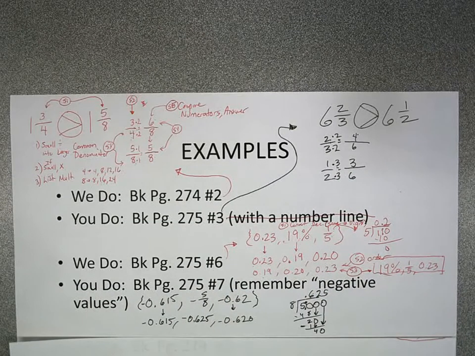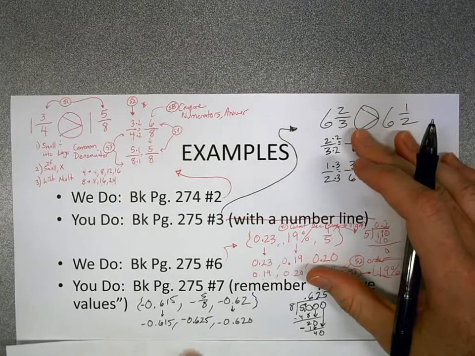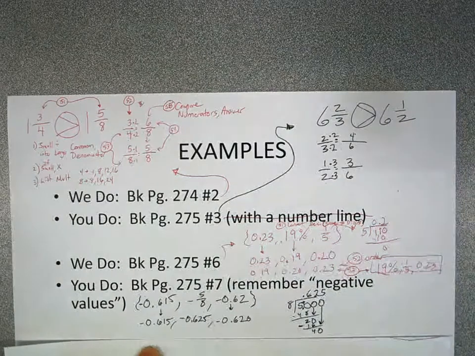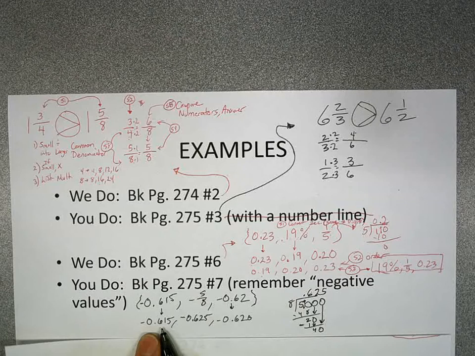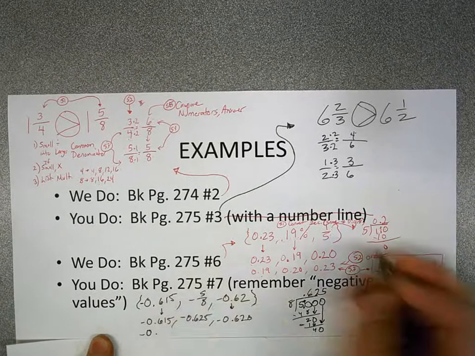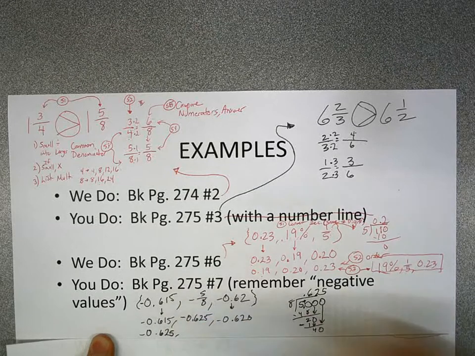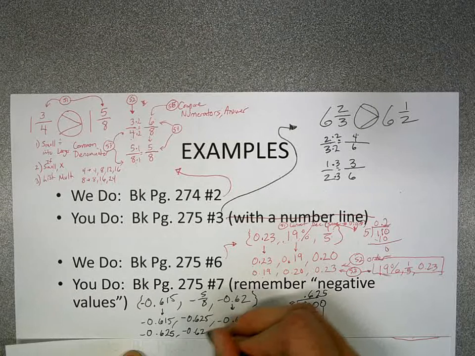Okay? Now, I then need to order least to greatest. Now, this could be tricky. Remember, if these were positive, this would be the smallest. Then that, then that. But remember, it's on the negative side of the number line, so opposite is true, like we talked about earlier. Meaning that instead of that being the largest, that's the smallest. Then this one, and then that one.